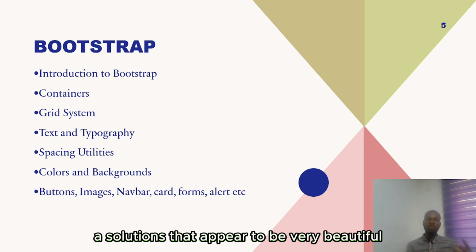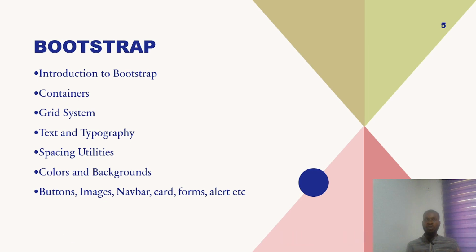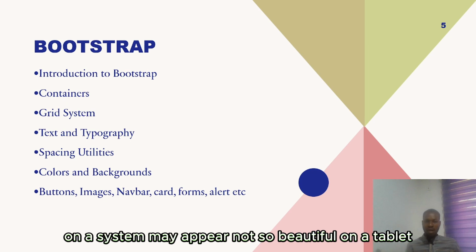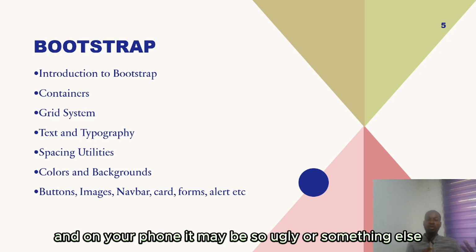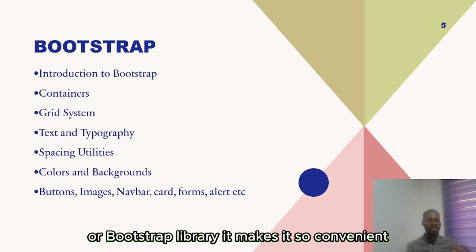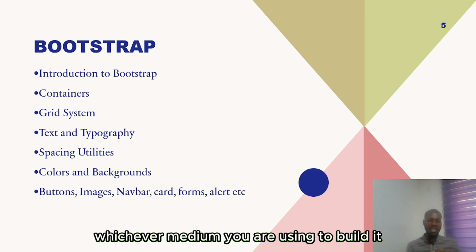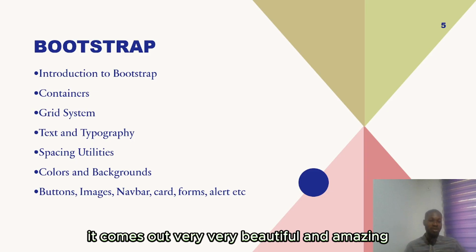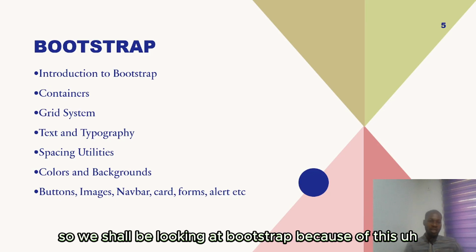For example, a solution that appears very beautiful on a system may appear not so beautiful on a tablet, and on your phone, it may be so ugly. But with the use of the Bootstrap framework or library, it makes it so convenient. Whichever medium you are using, it comes out very beautiful and amazing. So we shall be looking at Bootstrap because of this.